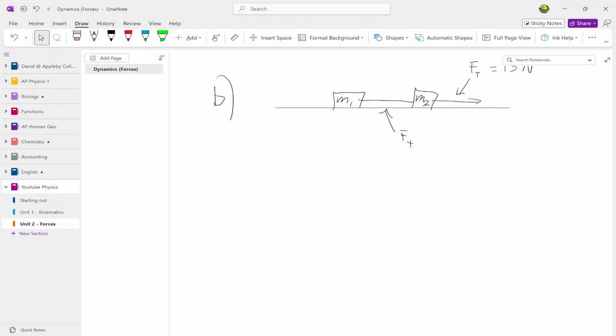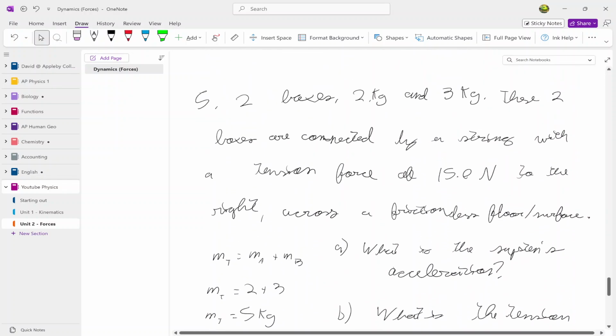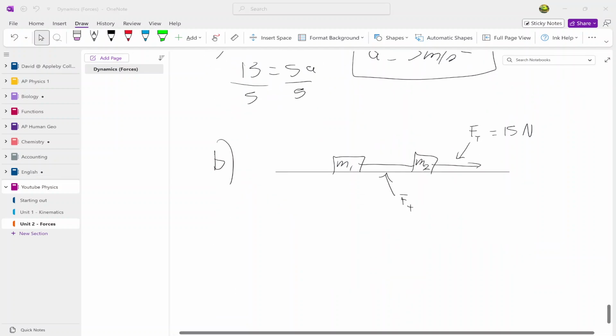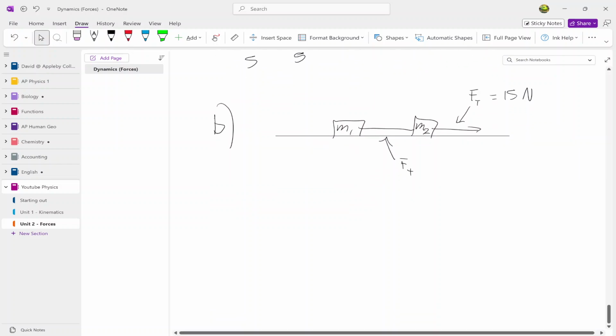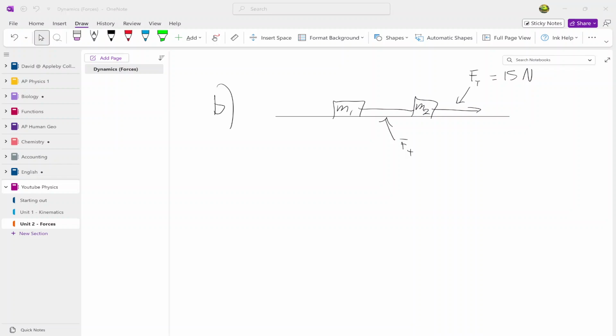Pretty slowly, but we know it's moving to the right. Therefore, that means the mass too. Well, the force technically does kind of matter. But let's just say this one is the 3 kilogram one.